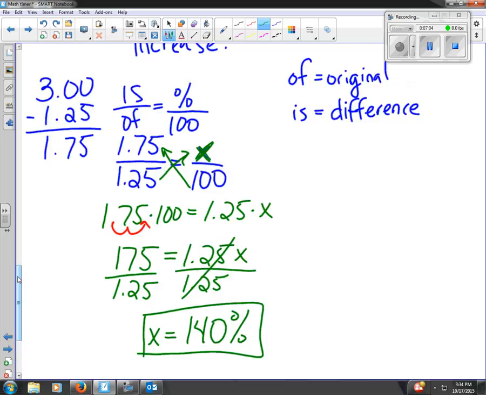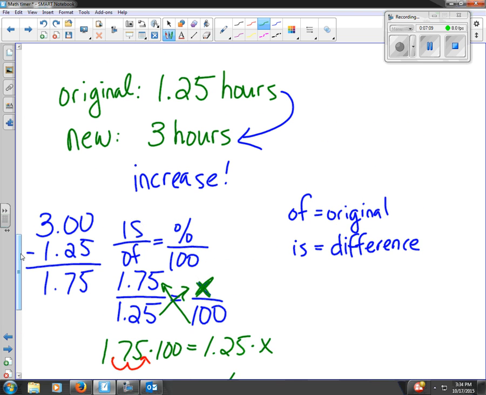Does that make sense? It actually does. And here's why. If you have 1 hour and 25 minutes, and you double that, you get 2 hours and 50 minutes. That's a double. That's 100%.